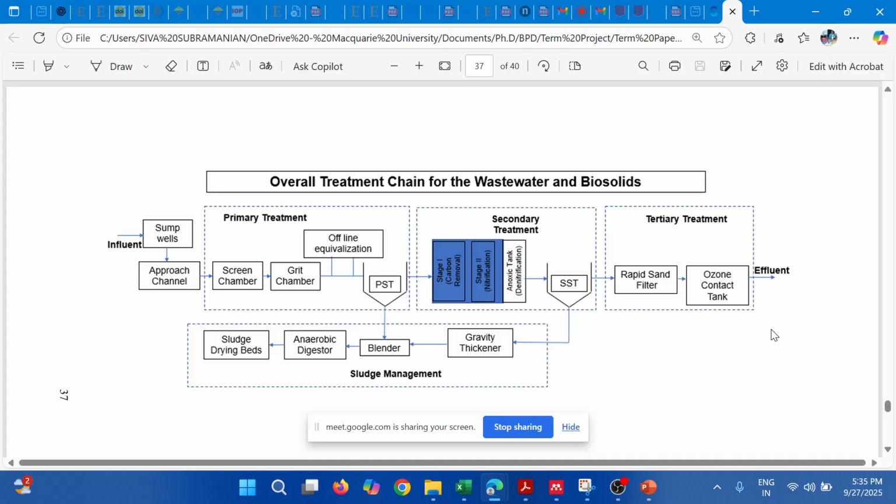You can tell for your understanding that MBBR is an advanced version of ASP, and even MBR itself is an advanced version of ASP, because we are doing the same thing except that instead of the secondary clarifier we are putting a membrane to remove the solids. Are you getting my point? Yes, ma'am.